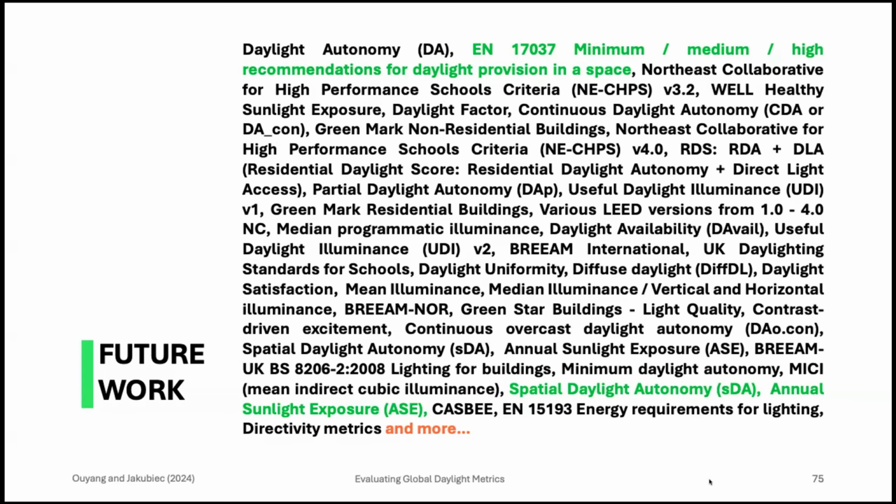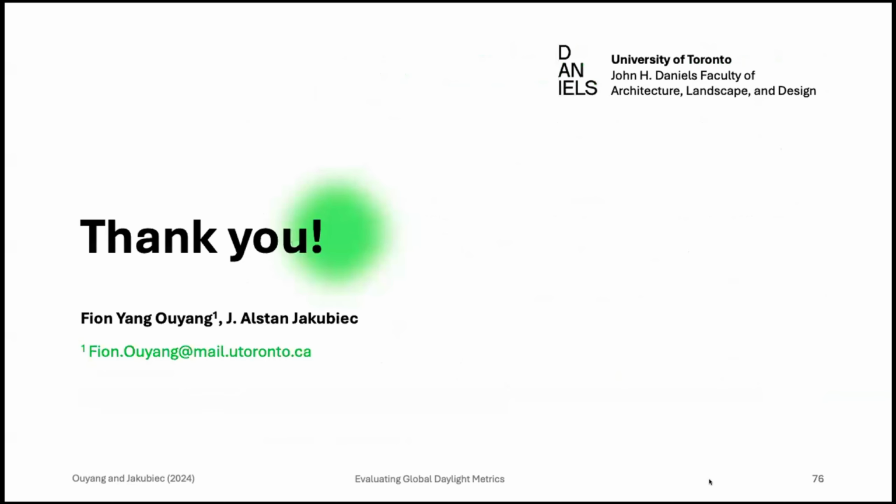In our next research, we will be comparing 35 daylight metrics in 30 climates and further developing our Python script to automate the assessment process. I hope my research can not only evaluate the effectiveness of existing metrics, but also provide guidance for the future design of daylight metrics and assessments.